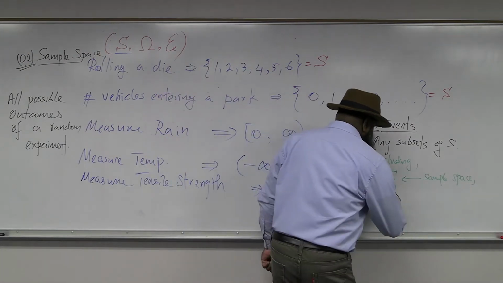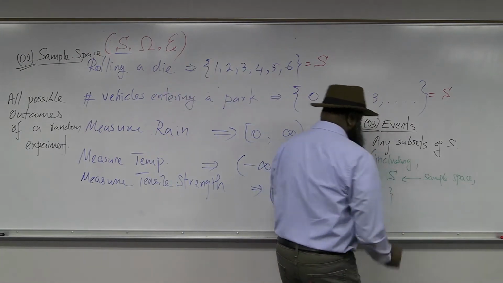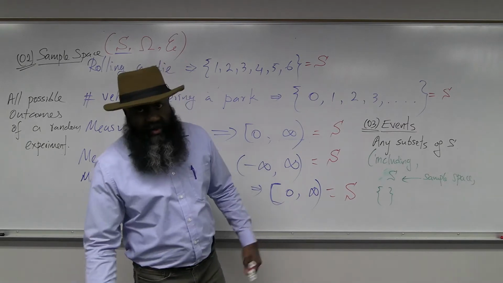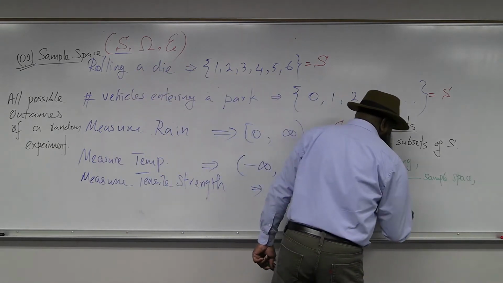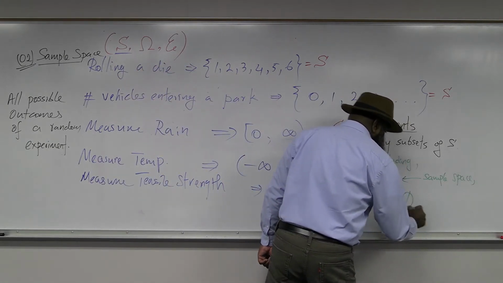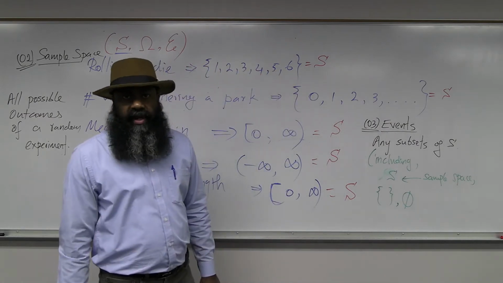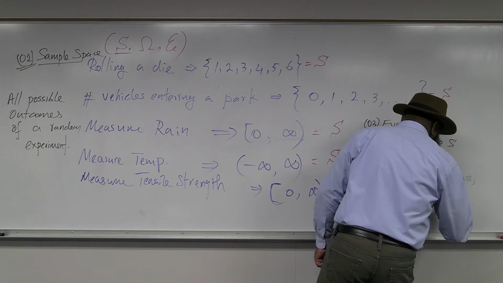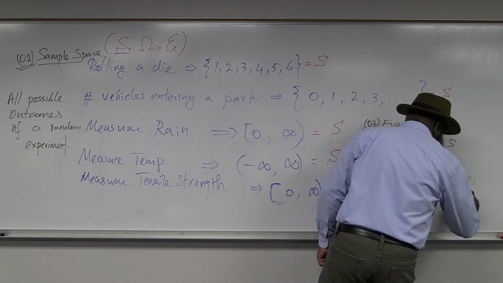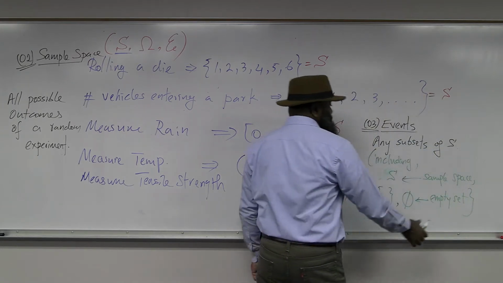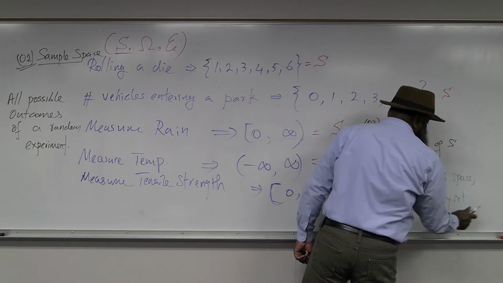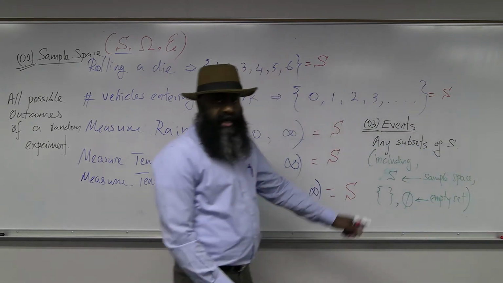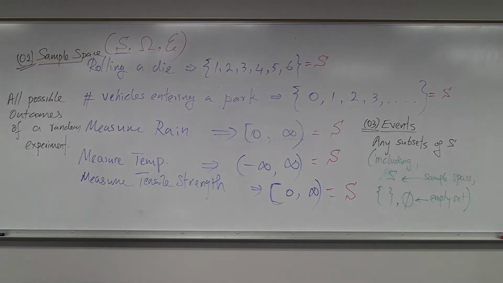It's written as just two curly brackets without any elements inside. That's one way to write it. Also, you write it as a little 0 and cross that. Read as phi. So that's the empty set. So including these two, any subset of S can be considered an event.